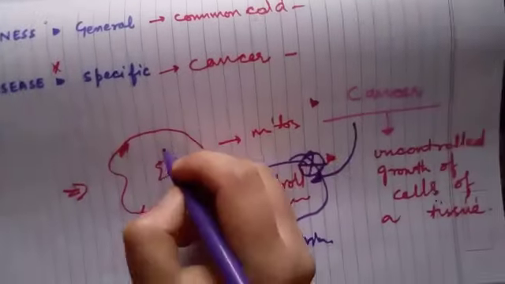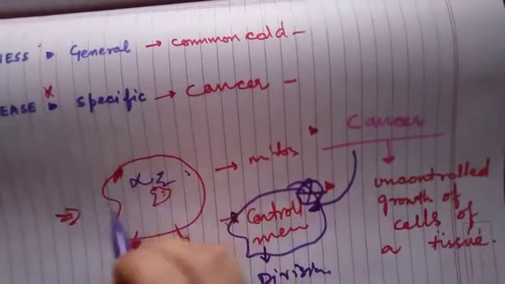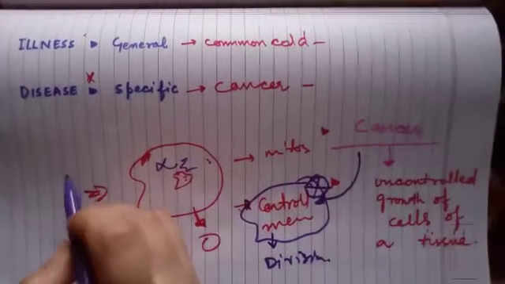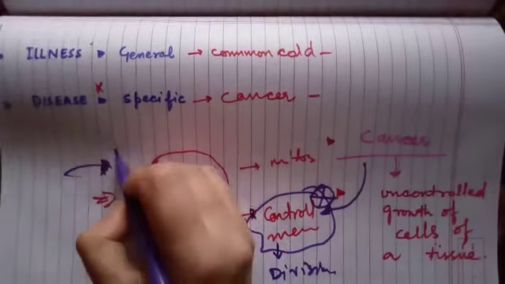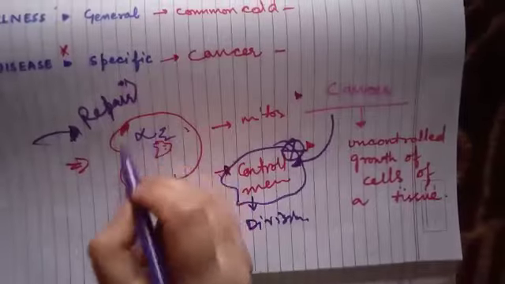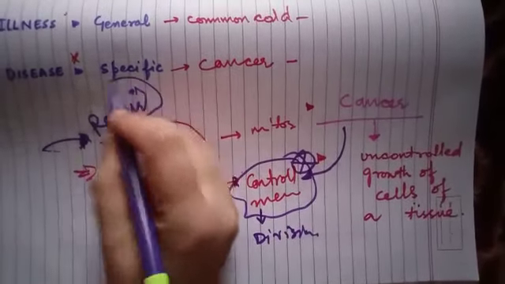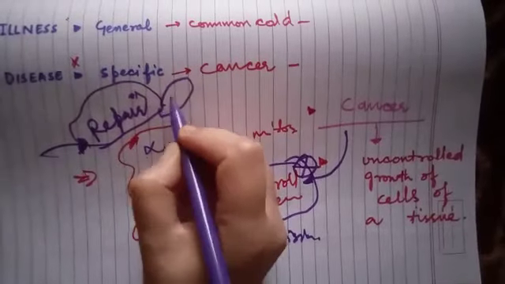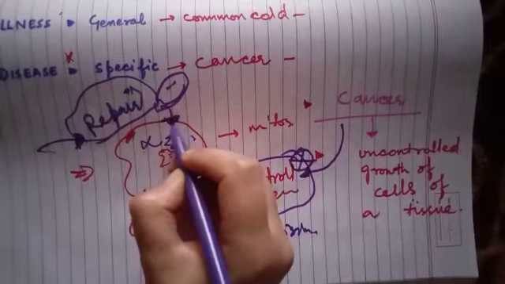In our body, if a cell is deformed, if a cell is not functioning properly, Almighty has prepared a system of repair in our body. Whenever the cell is deformed or not functioning properly, this repair system comes and starts its work and repairs the cell.